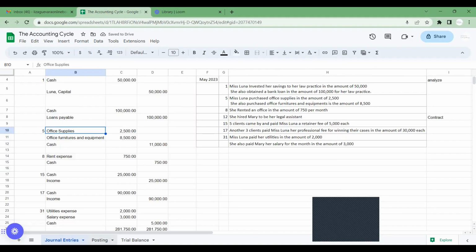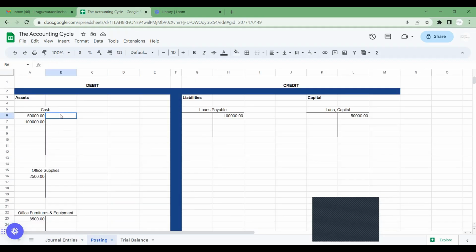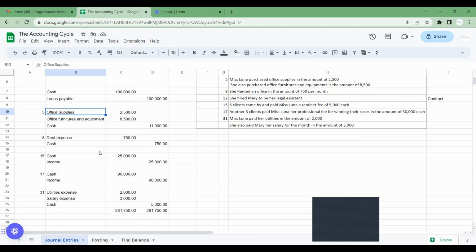And credit cash in the amount of 11,000. So as you can see, decreases in assets are placed on the left side of the account, which is the credit side.